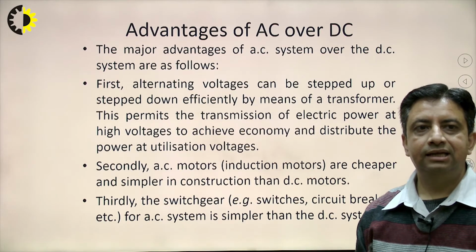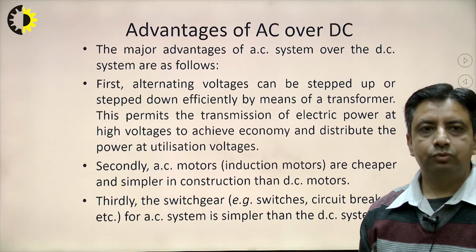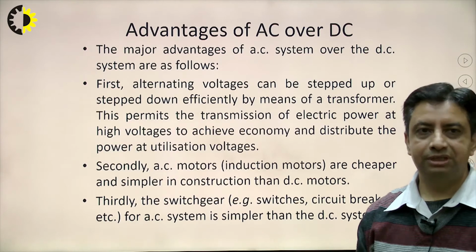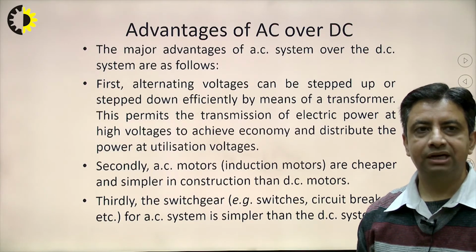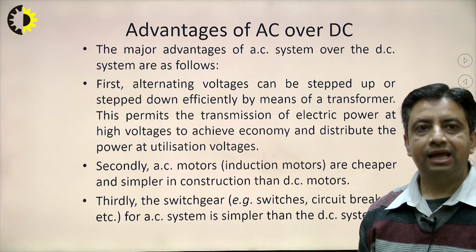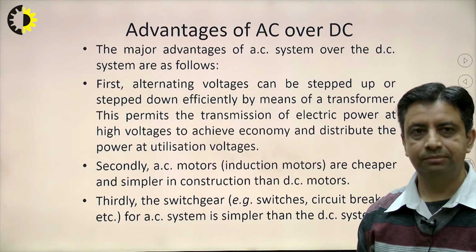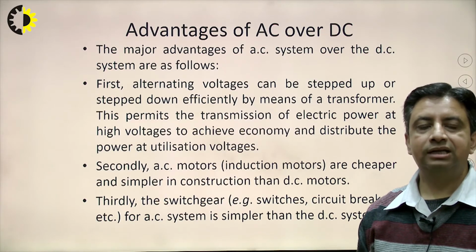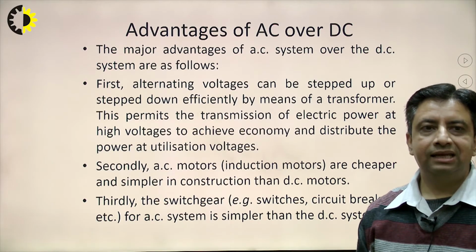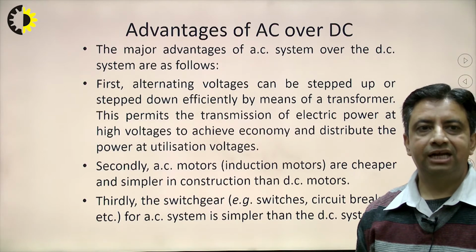And thirdly, the switchgear used for the AC system is simpler as compared to the DC system. By switchgear we mean all the protective equipment that we use in any electrical distribution system, such as switches, circuit breakers, fuses, etc. The reason for this is that in case of AC we get a natural zero.